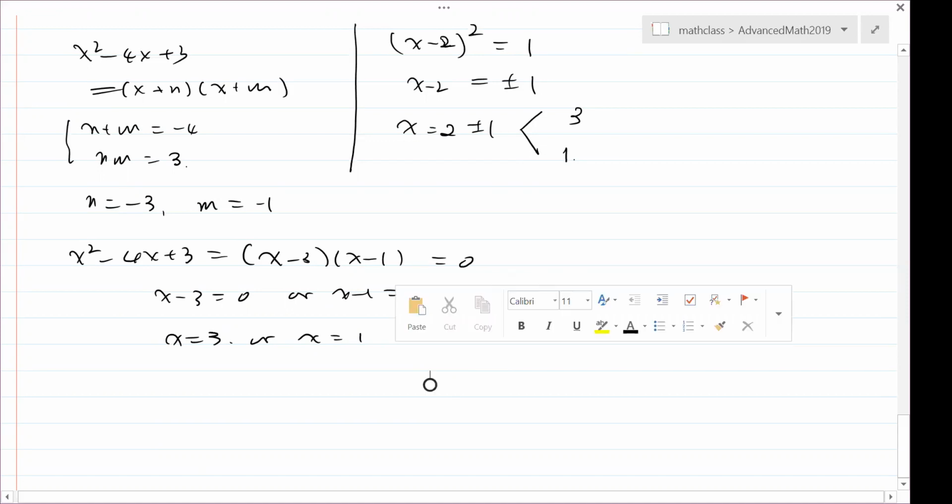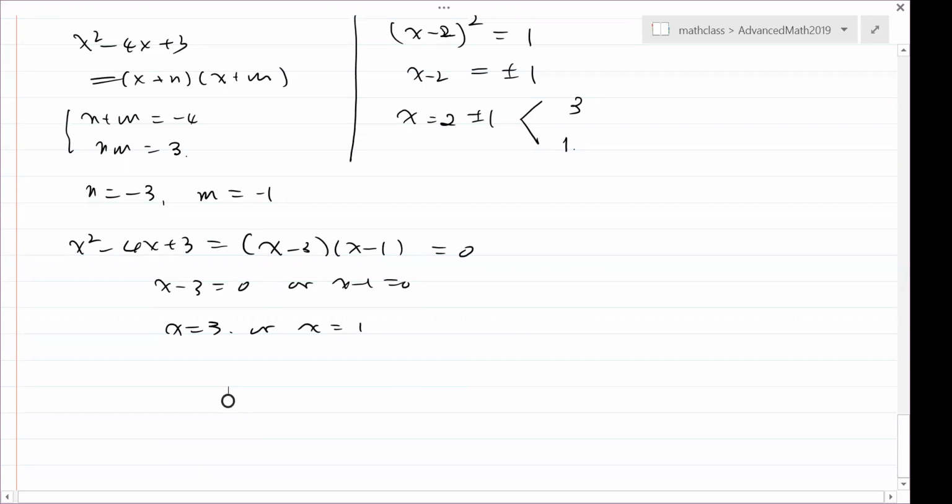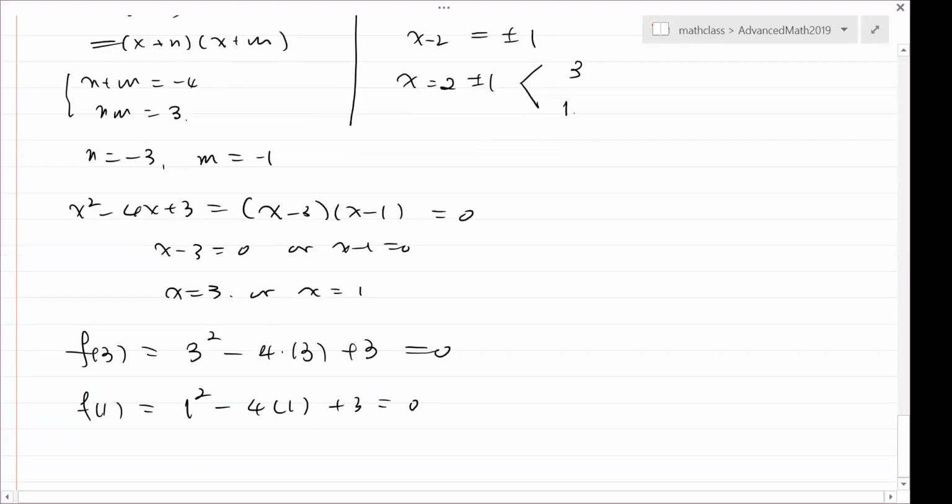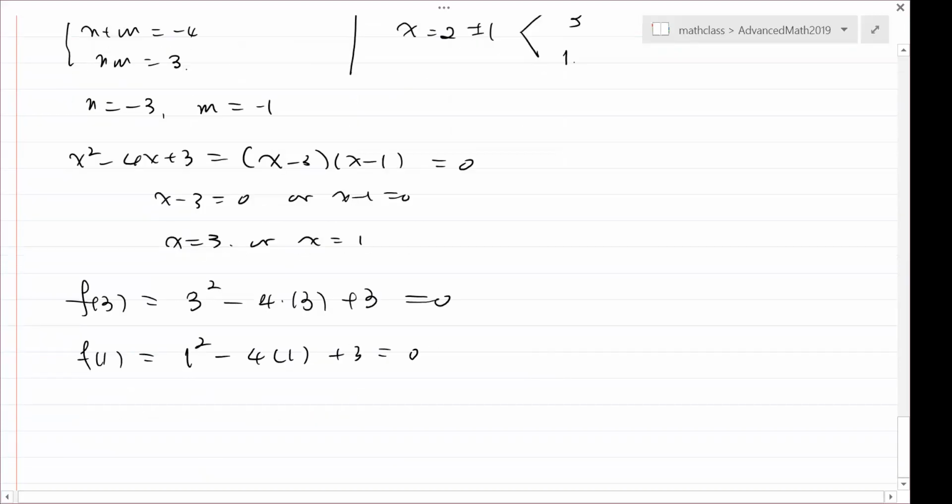Then if you plug in 3 for x, you should get 0. F of 3 is going to be 3 squared minus 4 times 3 plus 3. This must be 0. F of 1 is 1 squared minus 4 times 1 plus 3, which is also equal to 0. That indeed is a solution.